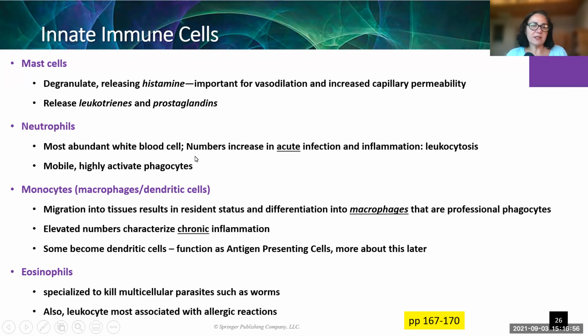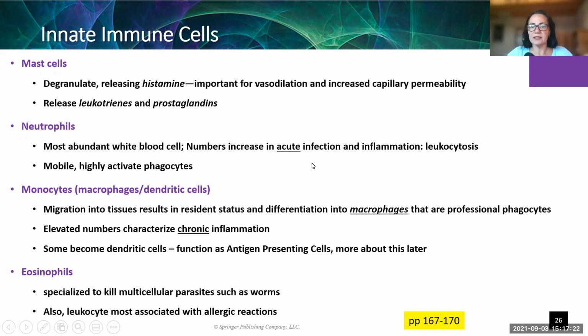Neutrophils, we know them and love them. They're the most abundant white blood cell. They specialize on bacteria, and by that I mean they respond to the whole group of bacteria. When we see a complete blood count and neutrophil numbers are elevated, that tells us that the patient is having an acute infection.